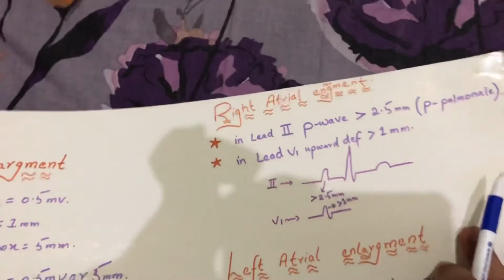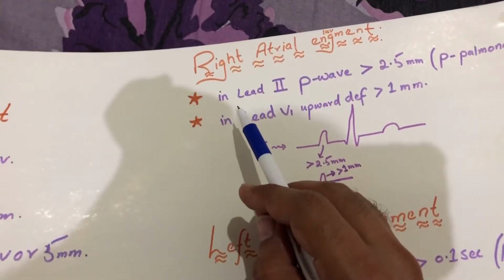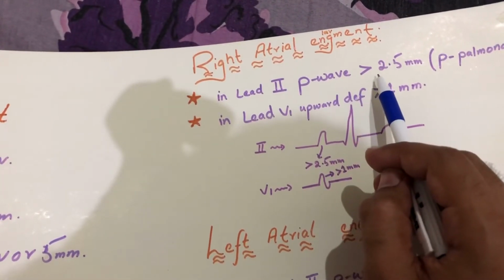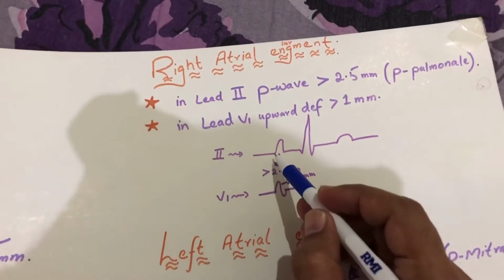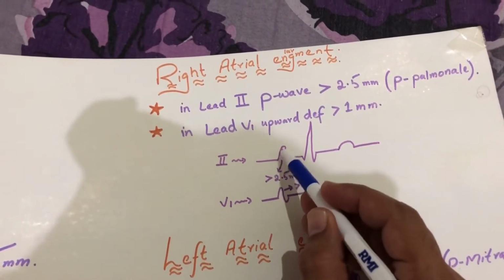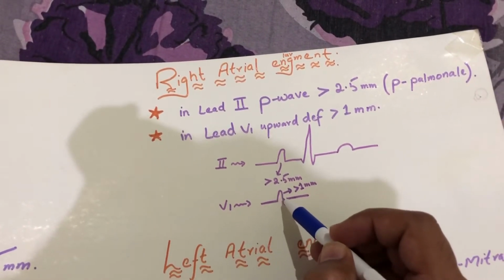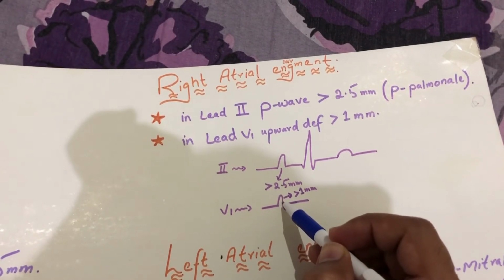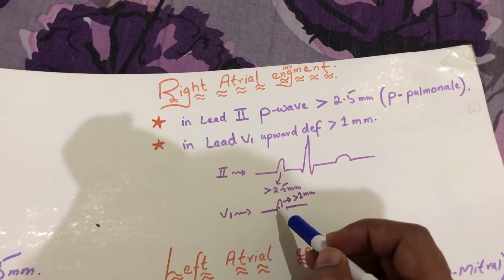Now see the right atrial enlargement. In lead number 2, if the P wave is greater than 2.5 mm, then we call it right atrial enlargement. And at the same time, in lead V1, the upward deflection also shows right atrial depolarization, and it is normally equal to 1 mm.